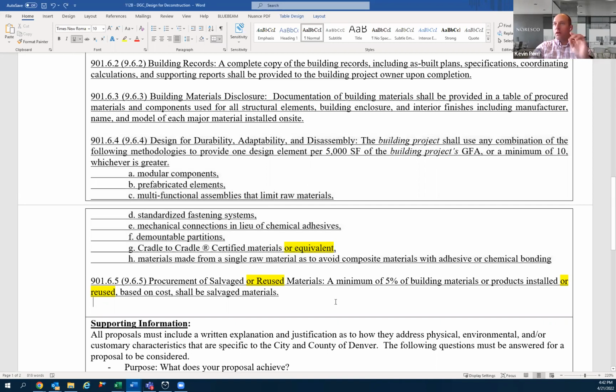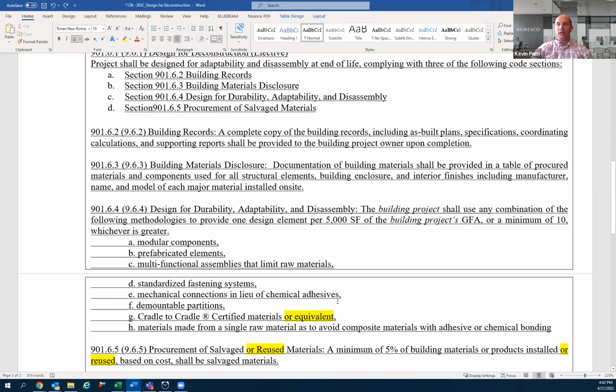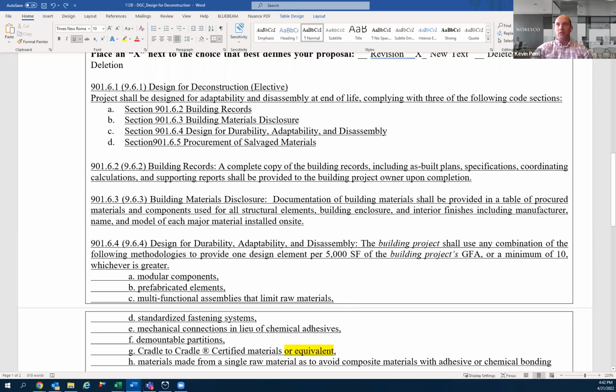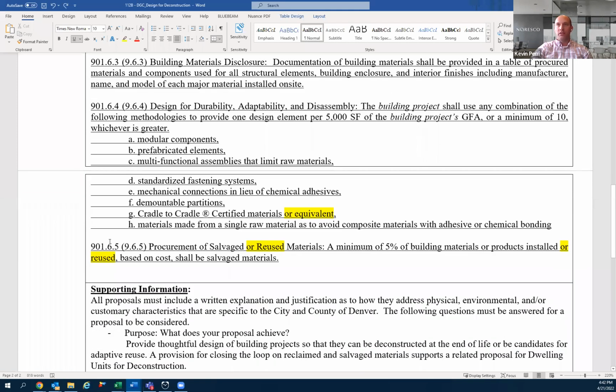Okay, all right. So we have basically two items, one proposal, but two sections, if you will. 6.1, 6.2, 6.3, 6.4, and a new section of 6.5. Sorry, I'm getting tired and I said that there were 5 sections, but there's 4.